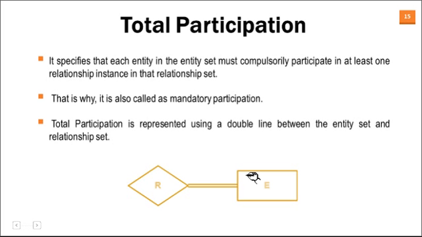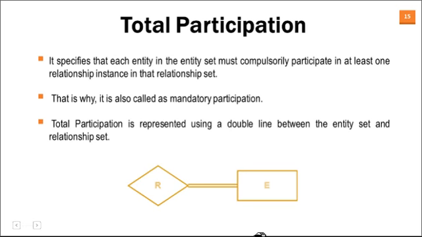Total participation specifies that each entity in the entity set must compulsorily participate in at least one relationship instance in that relationship set. That is why it is called mandatory participation. Total participation is represented by a double line between the entity set and the relationship set.